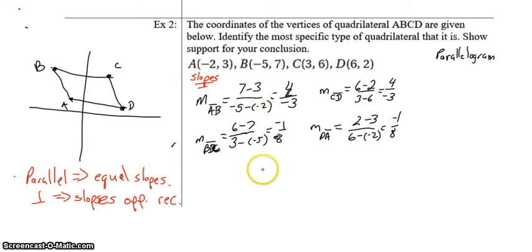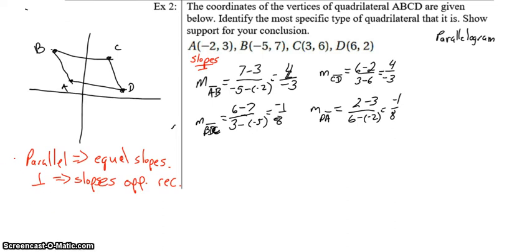Not a rectangle. Now to check for a rhombus, what we have to do is look at the diagonals. The property of the rhombus we're going to use for slopes is that the diagonals, BD and AC, are perpendicular. Are they?